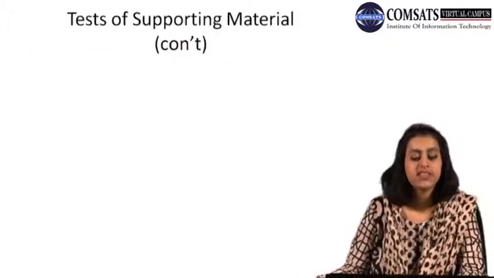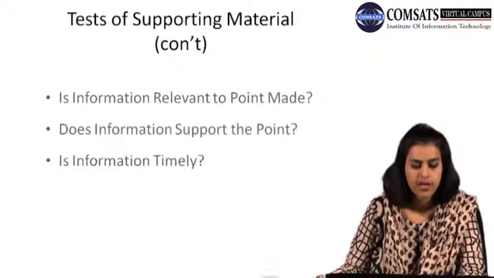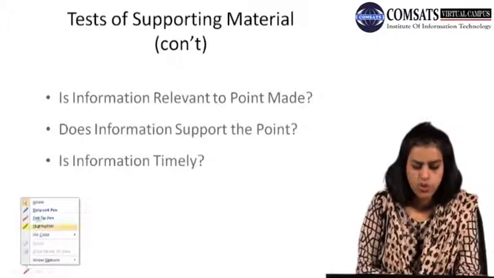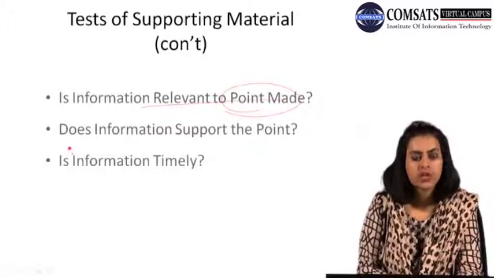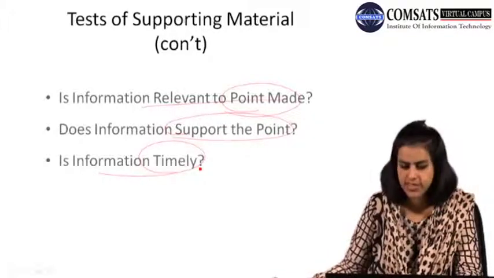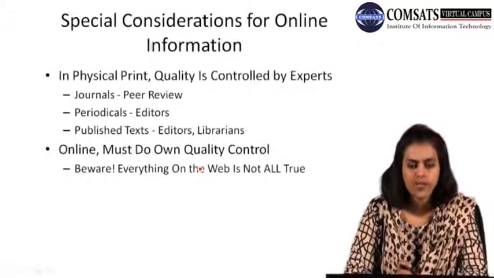There are some other tests of the supporting material. You can also check whether the information is relevant to the main point that is being made. You can also check if the information supports the main point, and you can also check if the information is timely.